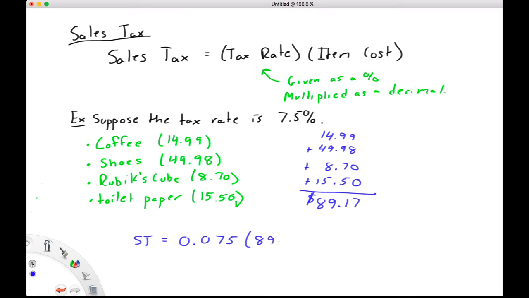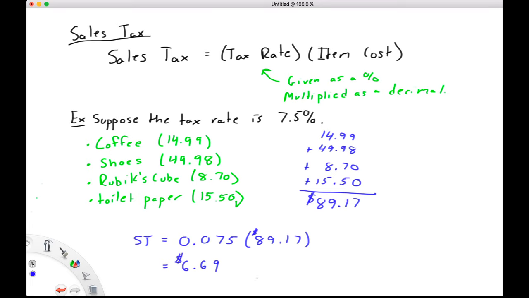So we spent $89.17, and that is our cost of our items, and so we want to multiply 0.075 times 89.17, which should give us $6.69 for sales tax.